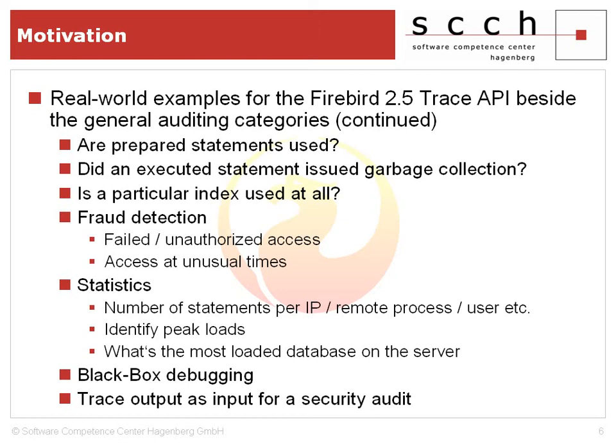So you can detect with the Trace API if garbage collection happened, to spot if the SQL statement is slow in general, or probably if garbage collection has been issued in context of the statement as well. What you also can do, as you get the execution plan per statement with the Trace API, you can check if a particular index is used. You can use the Trace API for some kind of fraud detection.